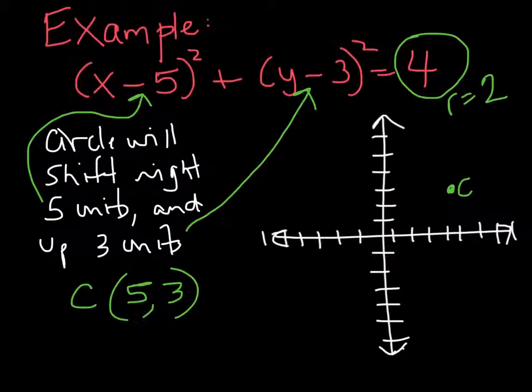I'm going 2 this way, and I'm just going to mark where I have to connect. 2 this way, 2 this way, and 2 this way. Should put me right there. I'm going to connect. And there we go. We've got our circle with center (5, 3) and a radius of 2. Hopefully these help you a little bit with graphing these circles for this week.